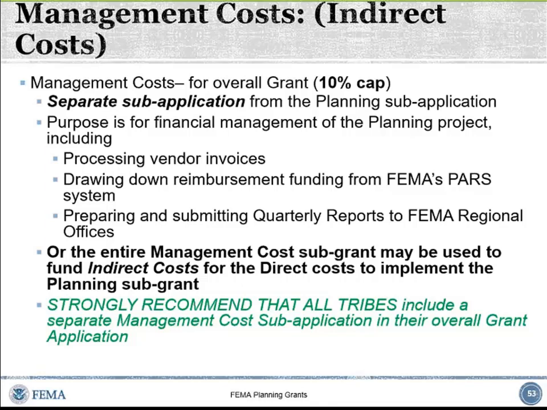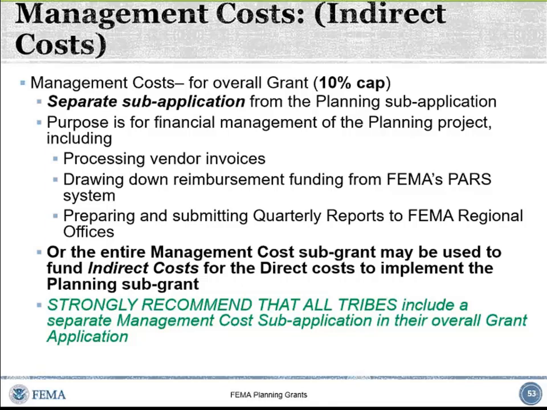Unrecovered indirect costs cannot be used as match. We've gone through that several times. This has been vetted through the highest level of FEMA Hazard Mitigation Management at headquarters and the Office of the Chief Financial Officer. So anyway, that's something very important.